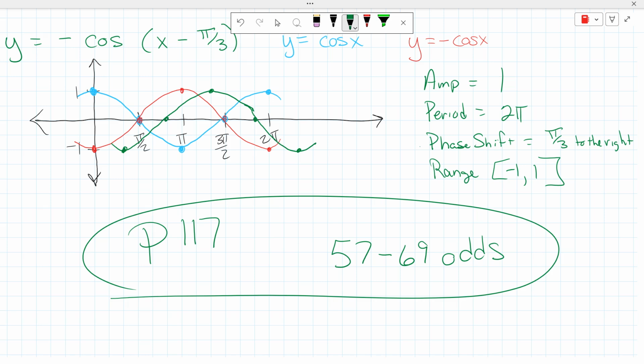We're going to graph a little bit more just to get this down better. Okay? On 57, 59, and 61, it doesn't tell you to graph. I want you to graph them. I want you to graph those three. It just asks for the amplitude, phase shift, and so on. I want you to graph them as well. All right.